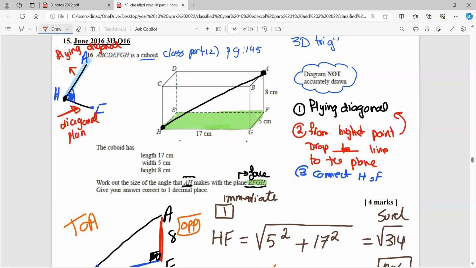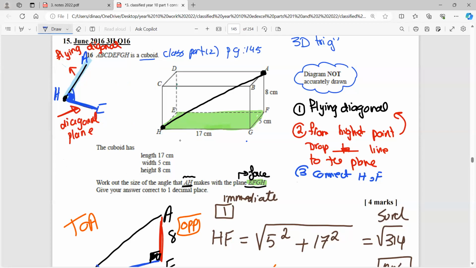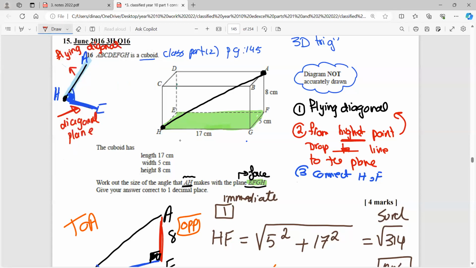How do I construct this line over here? First, from the highest point of the flying diagonal, from the point at the top, I will drop a perpendicular line to the plane. I go down 90 degrees to the plane, to the edge of the plane.